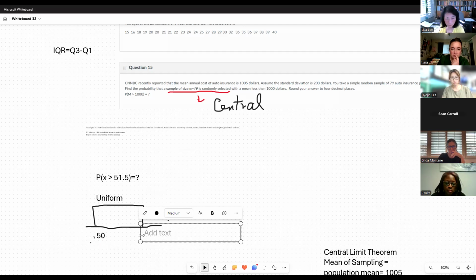Typing in 52. So 52 is the end of the rectangle here.